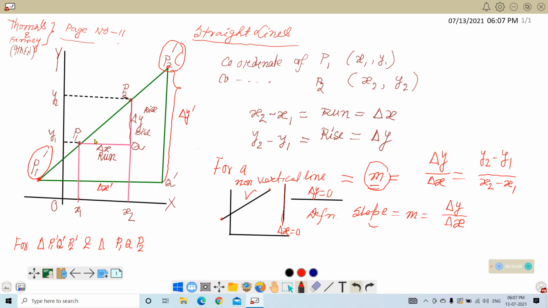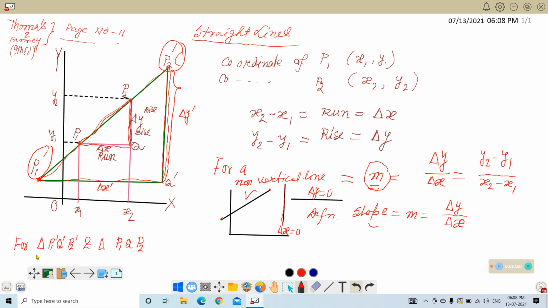This is the smaller triangle and this is the larger triangle. When the triangles are similar, the ratio of the height of this triangle to its base would be the same as the ratio of the height to the base of the other triangle.